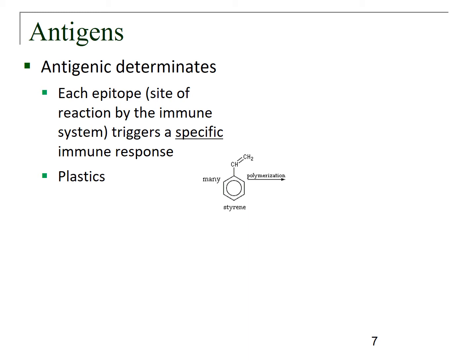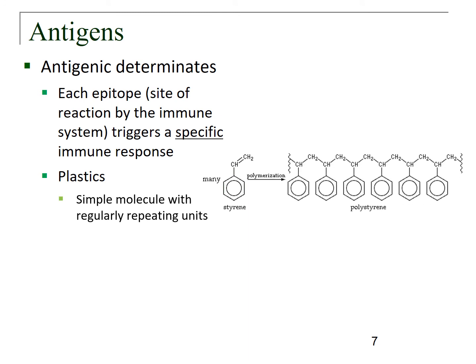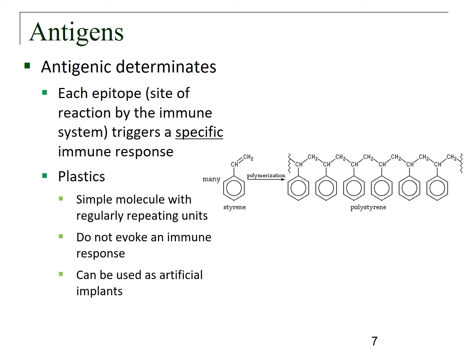The monomer of the plastic itself doesn't cause a reaction, so if the monomer doesn't cause a reaction, then the polymer is not going to either. Remember that plastics are a simple molecule with repeating units. Because the monomer doesn't cause an immune response, neither does the polymer. This is the reason why a lot of plastics can be used as artificial implants.